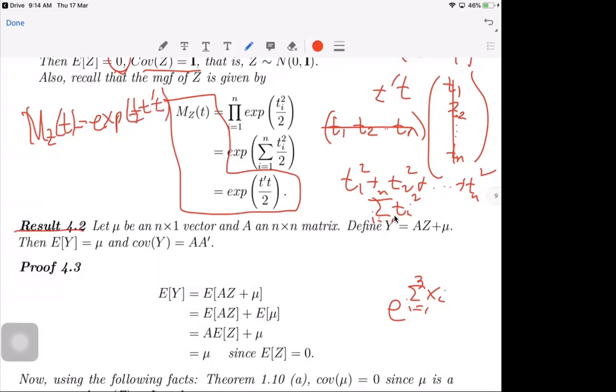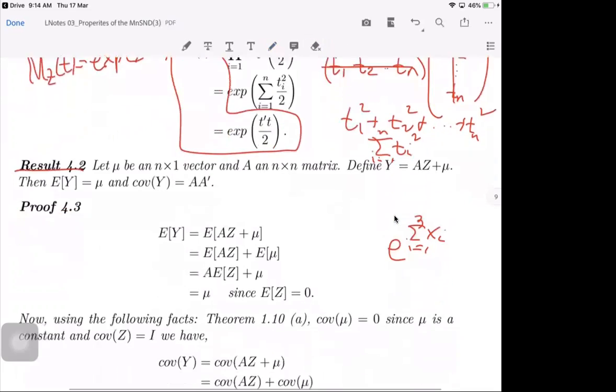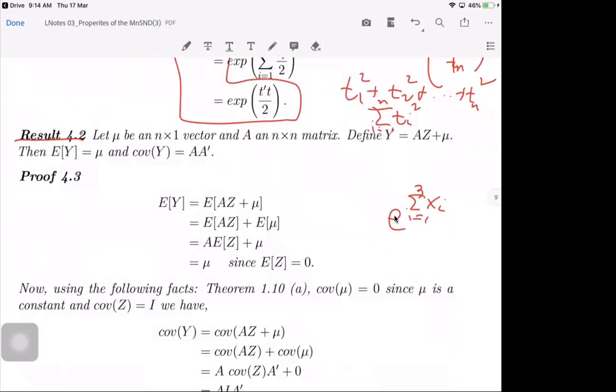A result: suppose mu is an n by 1 vector and A is an n by n matrix.